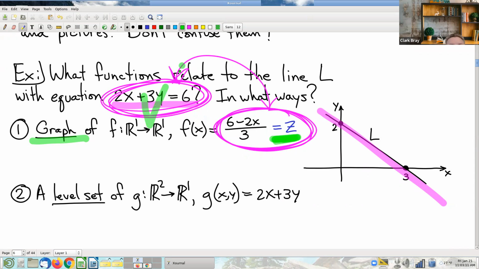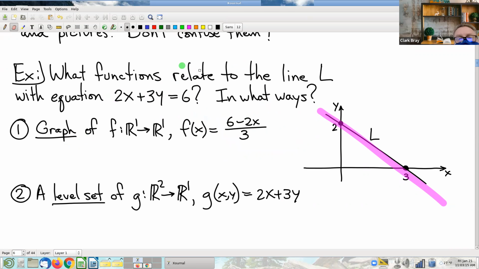Okay, that's not that bad, right? But now let's think through: is this line a level set of anything? What function might I set equal to a constant to get that equation? I think this is an easier one to see. It is a level set.